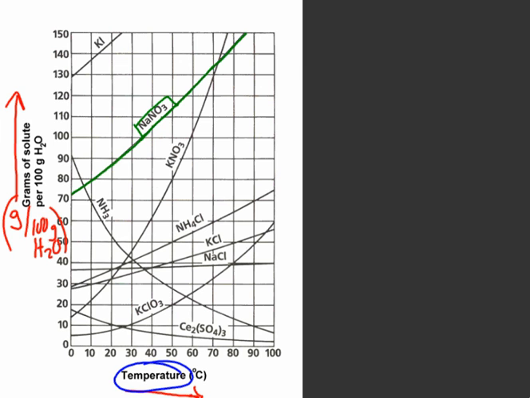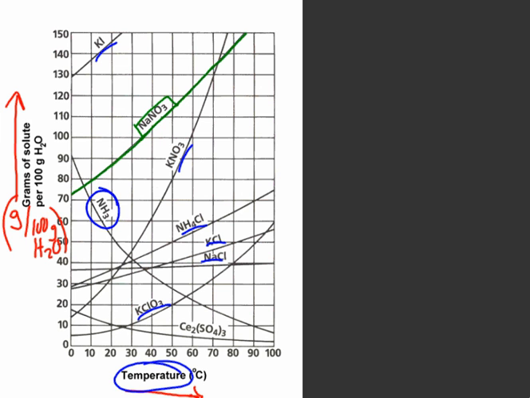There are some exceptions, but sodium chloride, potassium chloride, ammonium chloride, potassium nitrate, potassium iodide, sodium nitrate, and potassium chlorate will all increase as temperature goes up.